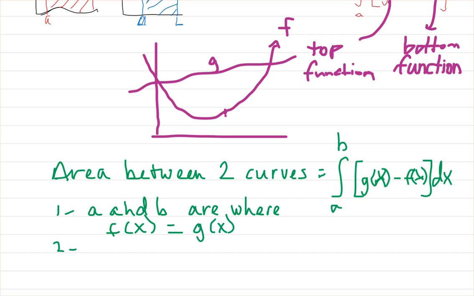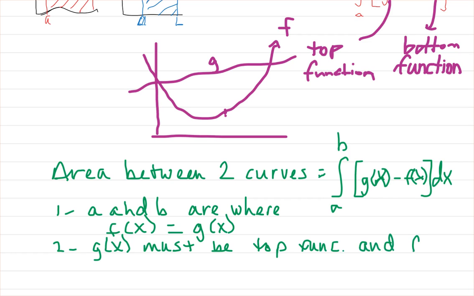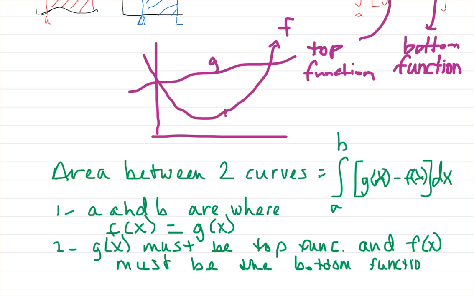And two, for this formula to work, g of x must be the quote-unquote top function and f of x must, I can't stress this enough, must be the bottom function. Okay, so if those two things are true, you can find the area between two curves.